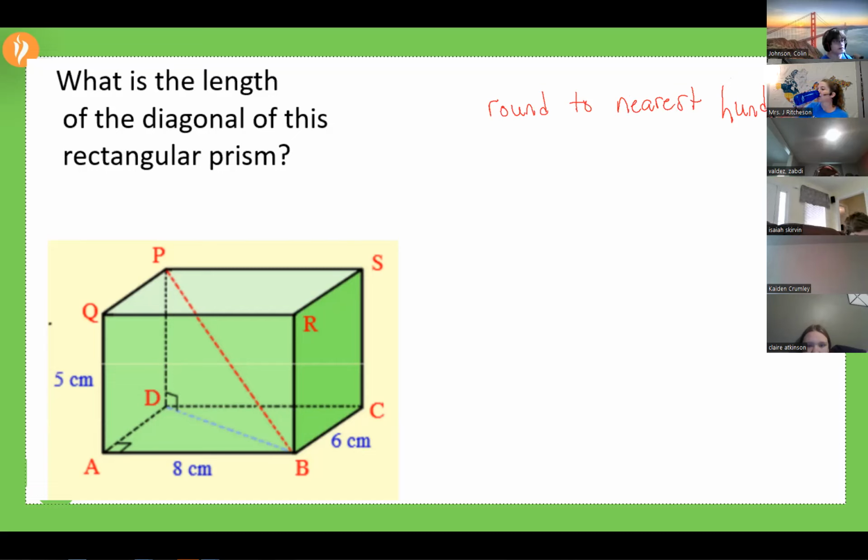Good, Ashley. Good, Colton. Good, Colin. Isaiah, do you have my calculator? Nope, yours is too smart, Isaiah. You've got to get a dumber calculator.